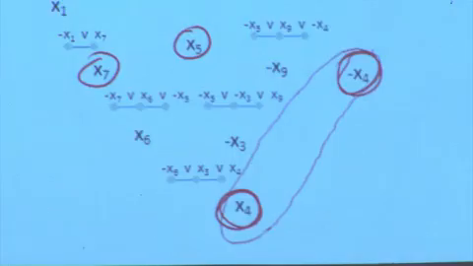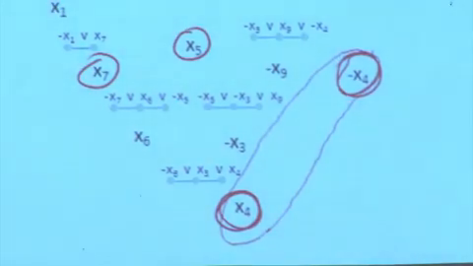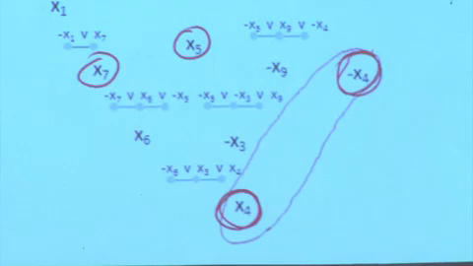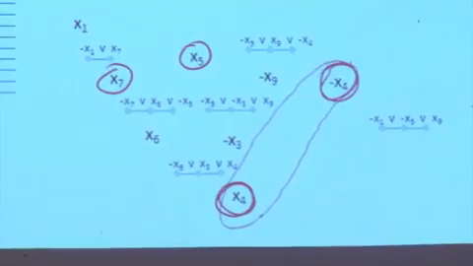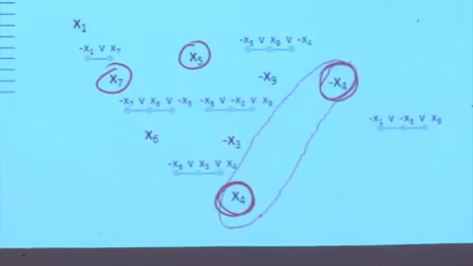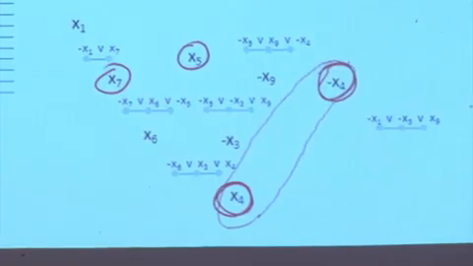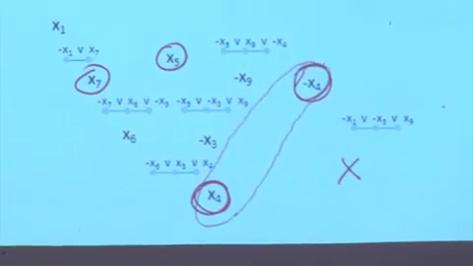So now let's analyze this contradiction. Let's figure out what were the assignments that led to this contradiction. And based on those assignments, let's come up with a new conflict clause that summarizes that contradiction. So in this case, what would happen is that you have x1 being false, and x5 being false, and x9 being false.